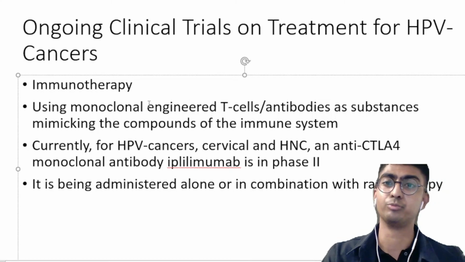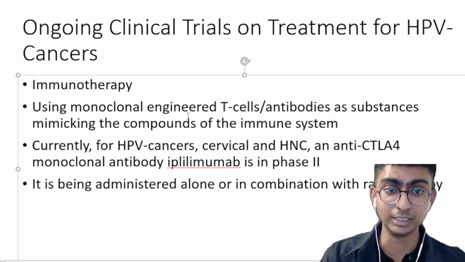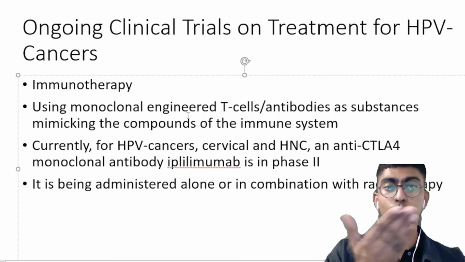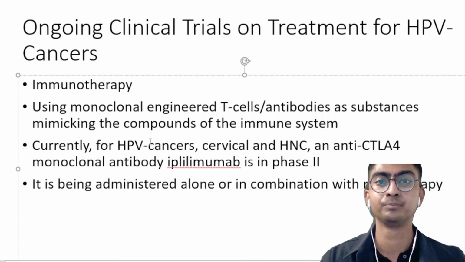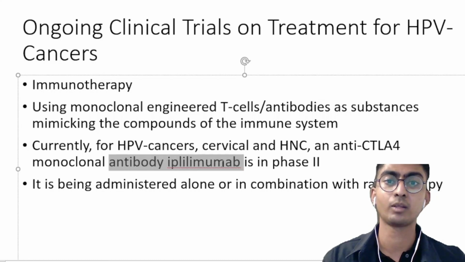These types of clinical trials are focusing on boosting the patient's immune system to help them overcome this cancer treatment. And then currently for HPV cancer, cervical and head and neck cancers, a new form of immunotherapy using anti-CTLA4 monoclonal antibody is currently in phase 2, which means it's quite promising.